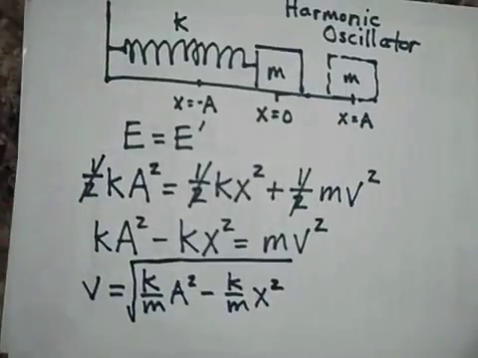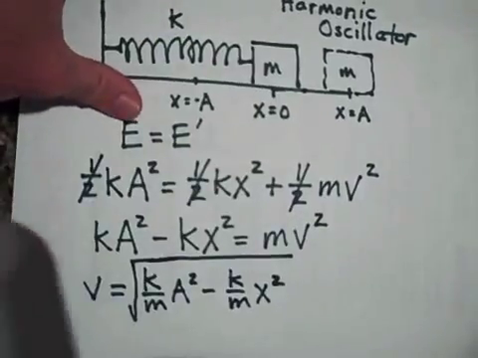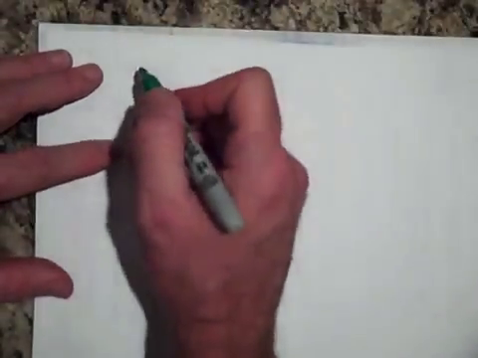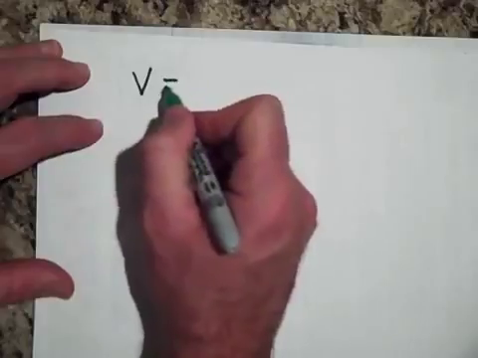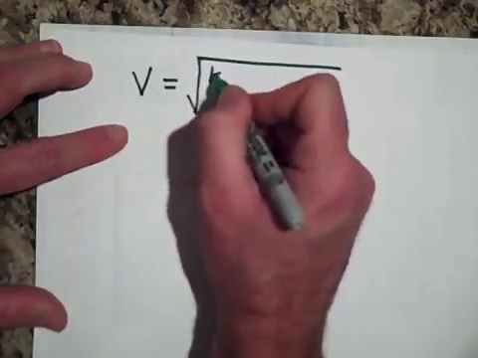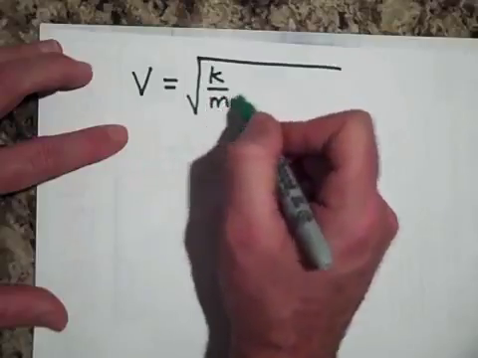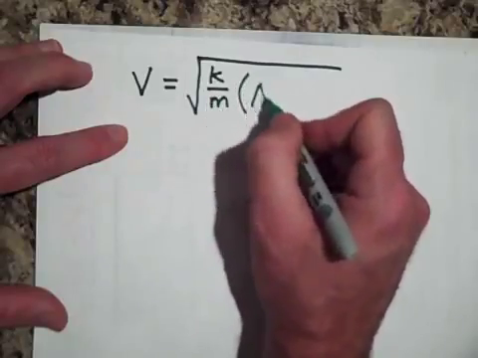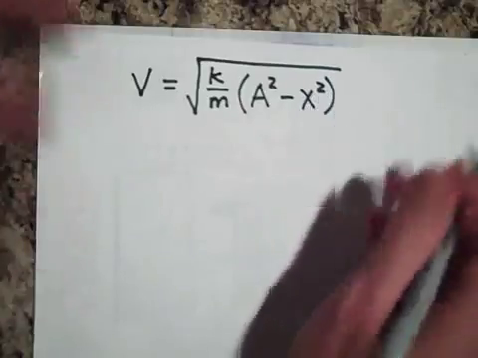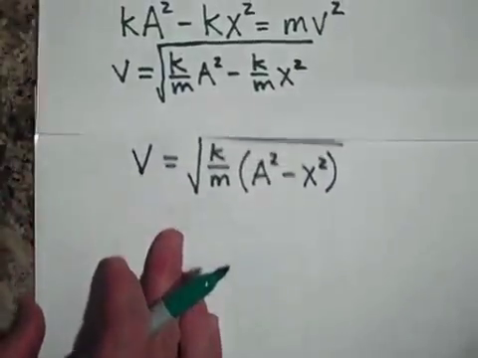Then let's go one step further and factor out the k over m. So v is equal to the square root of k over m times A squared minus x squared. Let me let you see where that came from.